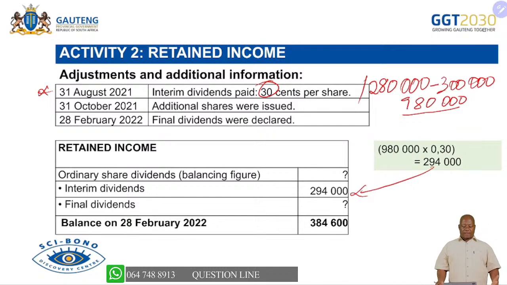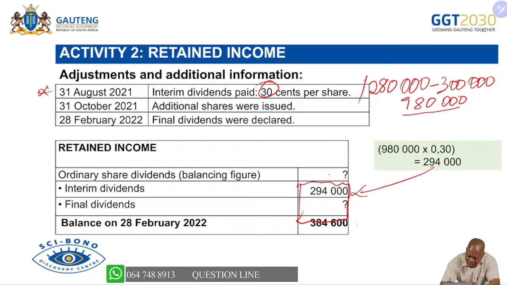That's where we are. So your first port of call is to check which of the two figures can be found. Remember, in reality, we add these two figures, final and interim, to find this one, right? Good. But check here.